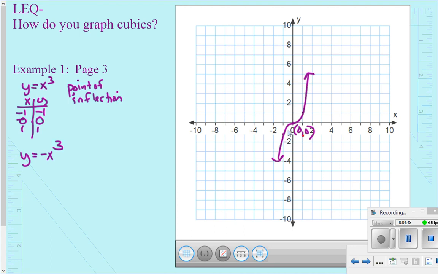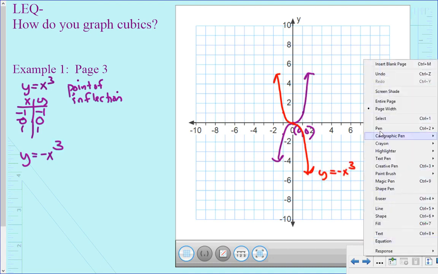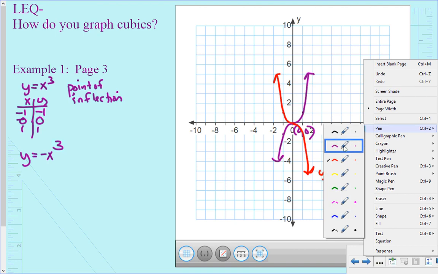And this point, which is at negative 1, negative 1, is now going to be up here at negative 1, 1. And so now the concavity is flipped as well. So it's concave down on the right and concave up on the left. So that graph is y equals negative x cubed. And the other graph is the normal y equals x cubed.